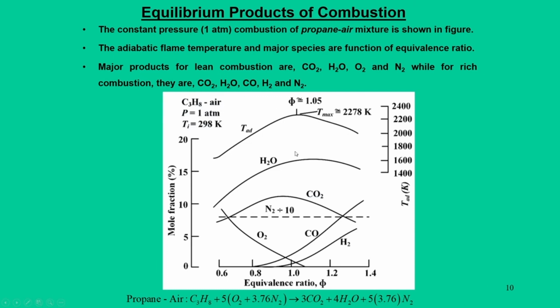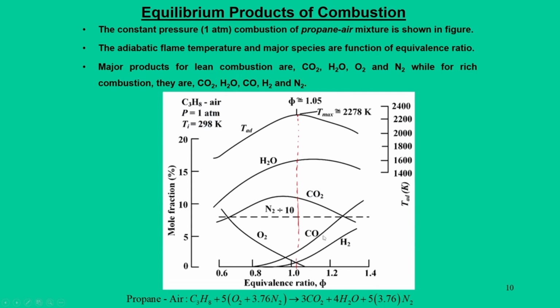And if you drop a vertical from this, we can see what happens to the mole fractions of the other components. The formation of water is again not seen at this maximum temperature, rather it is seen when the equivalence ratio is more than 1, whereas the maximum for CO2 is observed when the mixture is lean.